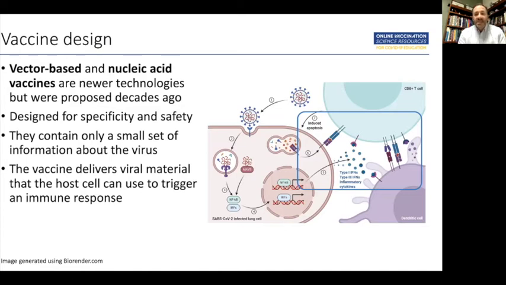The key distinction, once again, is that when the vaccine is used to do this, it only carries one little bit of information, and that bit of information turns out to be enough to stimulate that immune response, but it is not nearly enough information to be able to make more viruses and infect more cells.